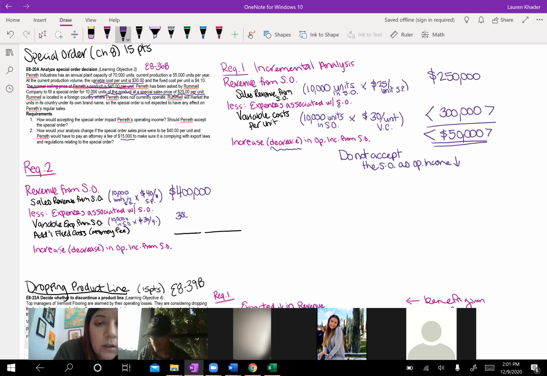So 300,000 is still relevant as a cost. Sorry, I'm just going to move the 400,000 to the outer column really fast. And then we're also going to incur an additional fixed cost, which is the attorney fee of 15,000. So when I add up these two new costs, the increase in costs is 315,000.